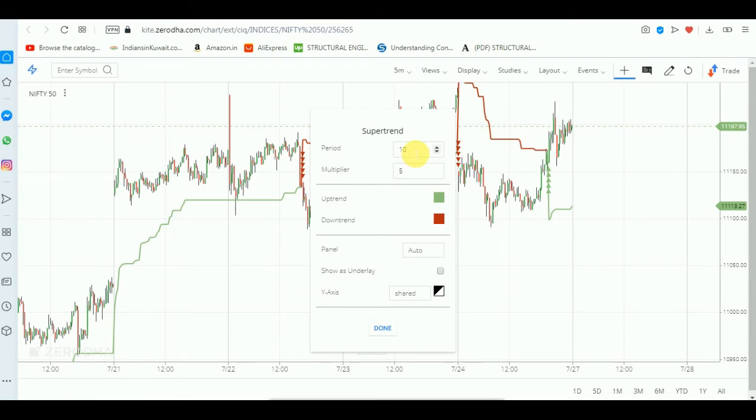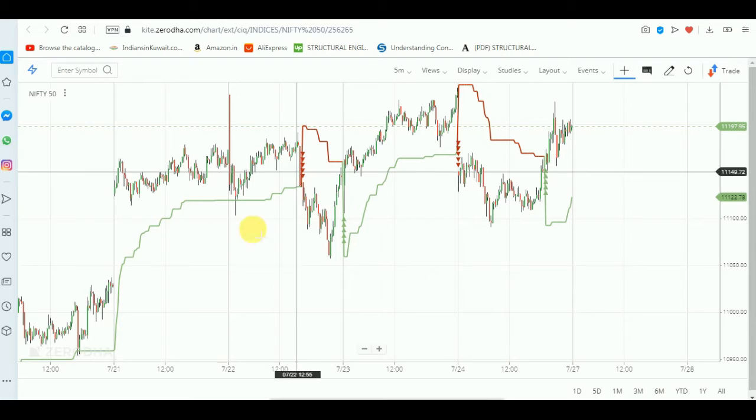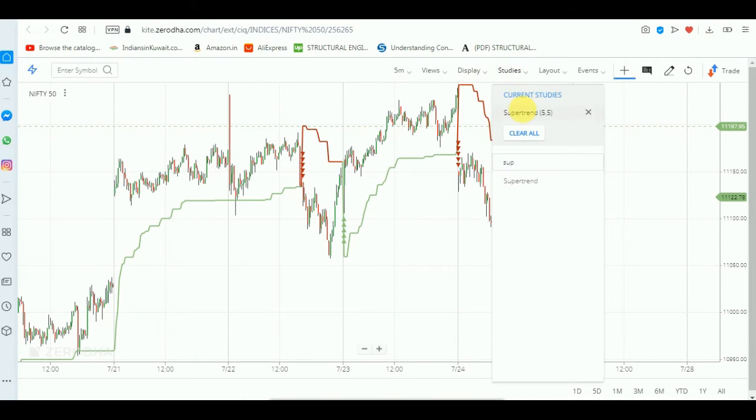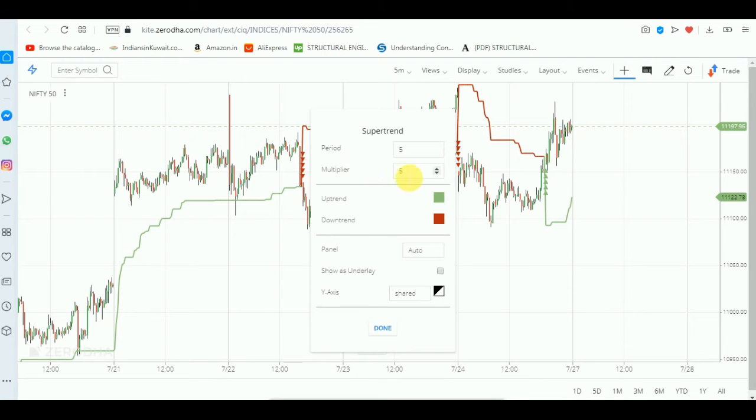So coming here, if I change the period to 5 again, what will happen? Let us see. Here also I cannot see any major change. So it is clear that if we change the multiplier, we can see the drastic variation, right? So here I am changing it to 3 now.